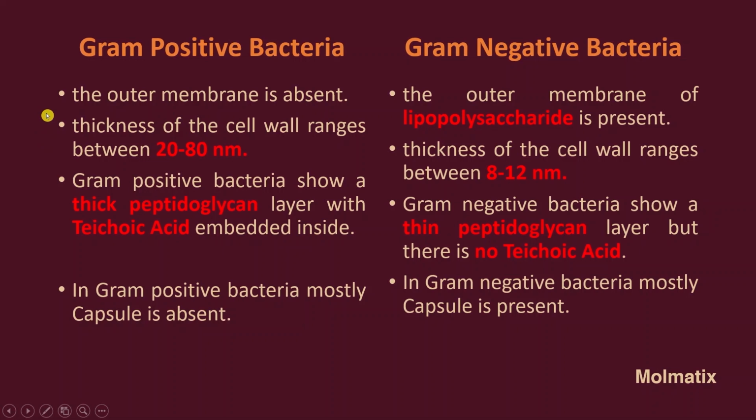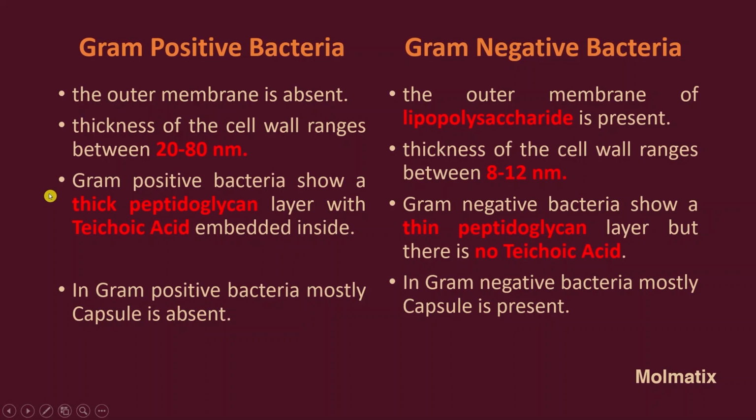In gram positive bacteria, the outer membrane is absent. In gram negative bacteria, the outer membrane of lipopolysaccharide is present. The thickness of the cell wall in gram positive bacteria ranges between 20 to 80 nanometers, and in gram negative bacteria, the thickness of the cell wall ranges between 8 to 12 nanometers.